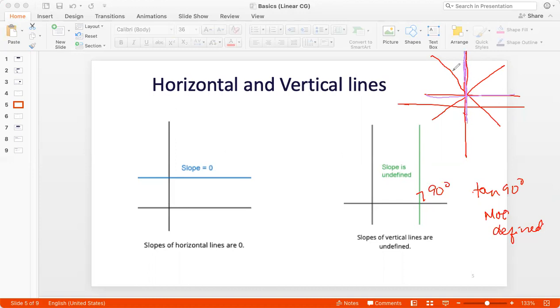And then if I rotate it further in the anti-clockwise direction, my slope will become negative. And now from negative infinity, it will increase and it will come back to 0 when the line comes to the horizontal position, right? So it starts from 0, increases positively, goes up to infinity when it's vertical.